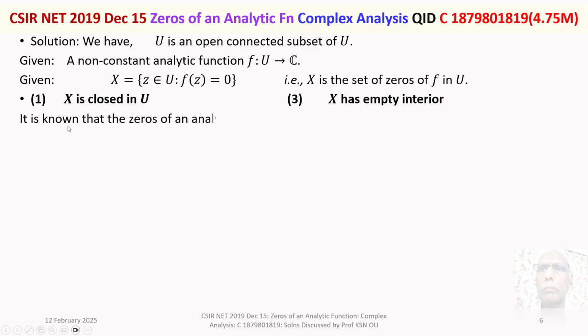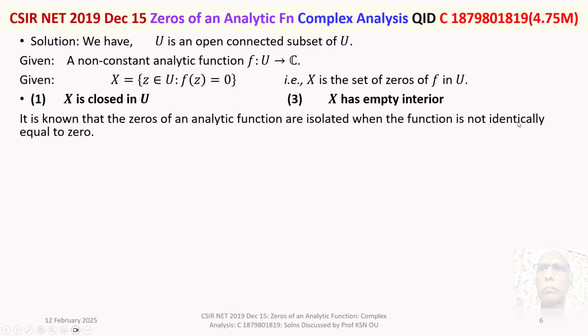It is known that the zeros of an analytic function are isolated when the function is not identically equal to 0. It is a non-constant function, which means it is not identically equal to 0. Therefore, the zeros of an analytic function are isolated. That means they can be separated. Right.